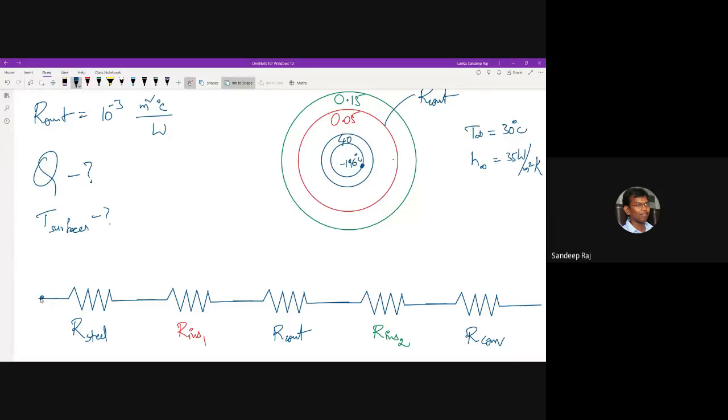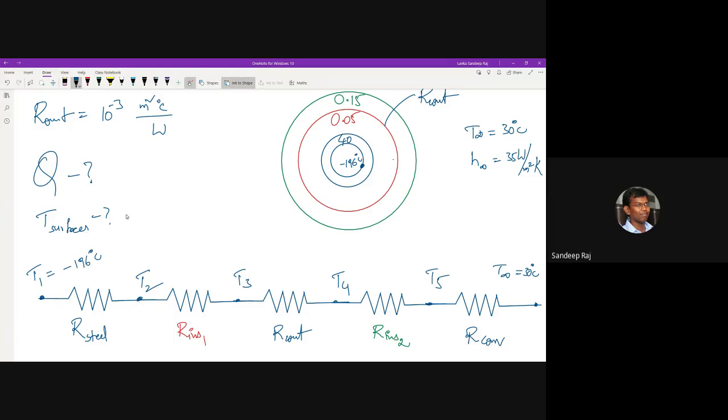Also, the temperatures are given here. This temperature, let me call it T1, which is equal to minus 196 degrees centigrade. And on this side, I have temperature T infinity equal to 30 degrees centigrade. Let me call the others T2, T3, T4, T5.